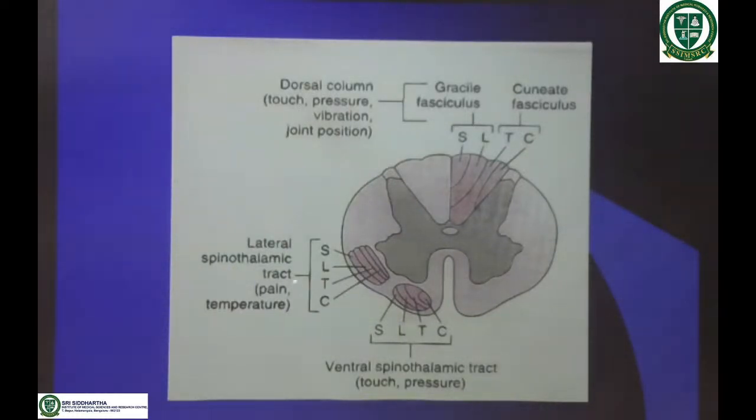Then the lateral spinothalamic tract, which you saw in the previous one, carries the pain and the temperature. So this is the area in the cut section of the spinal cord showing the representation of the sensation carried by that. Then the ventral spinothalamic tract carries touch and pressure. Okay. If you have time, first you should draw this for each and every tract, whichever sensations been asked for, then you can draw the tracts.